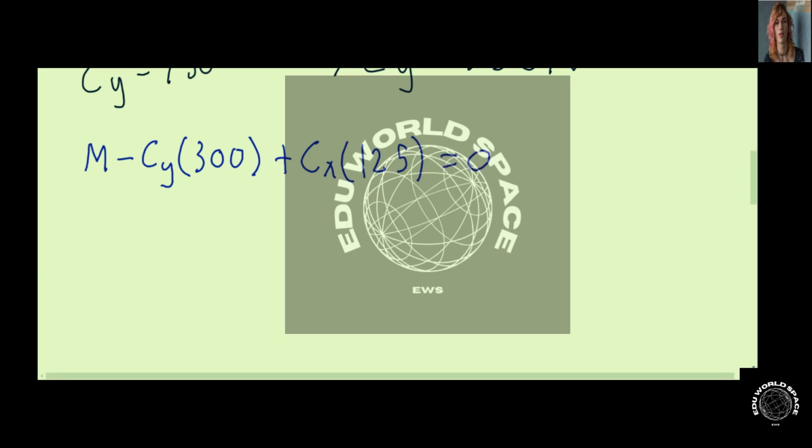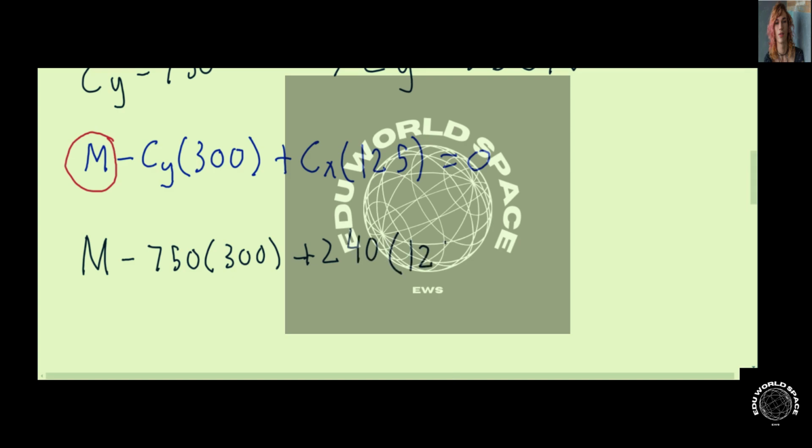And we know all of these values except for the moment that we're trying to solve for. So now we plug in. So we have M minus 750 times 300 plus 240 times 125 is equal to 0.